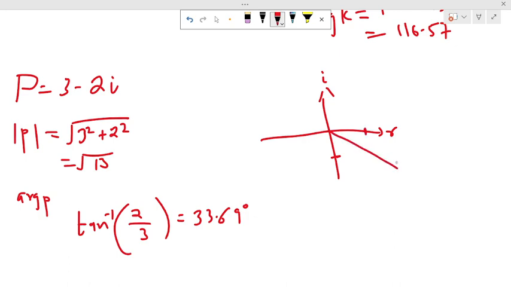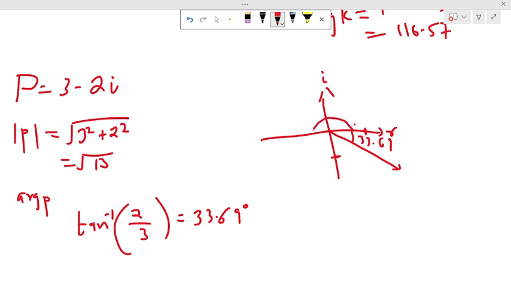So this portion will be measured from here. So this angle is going to be 33.69. And I've already said that the argument is measured from the positive x-axis going down, and so we measure from here.